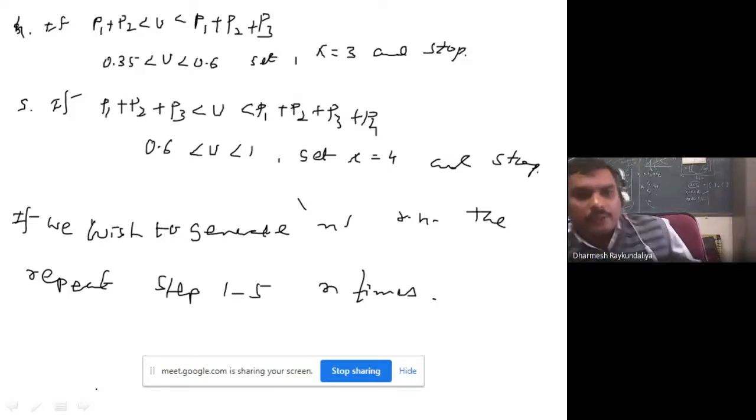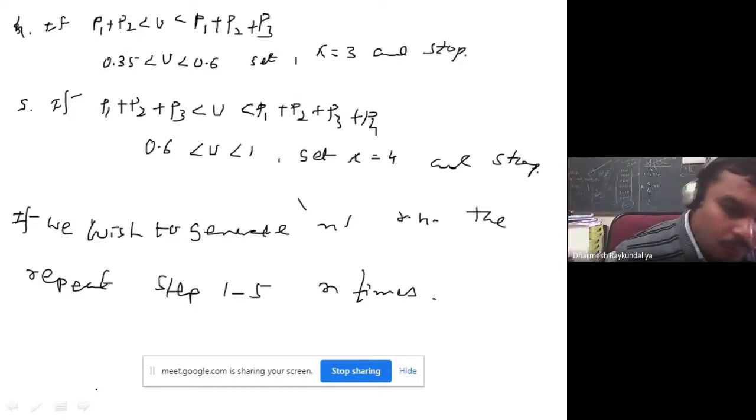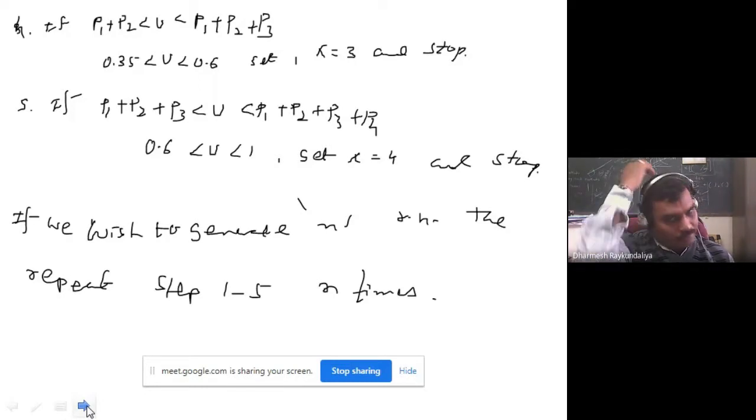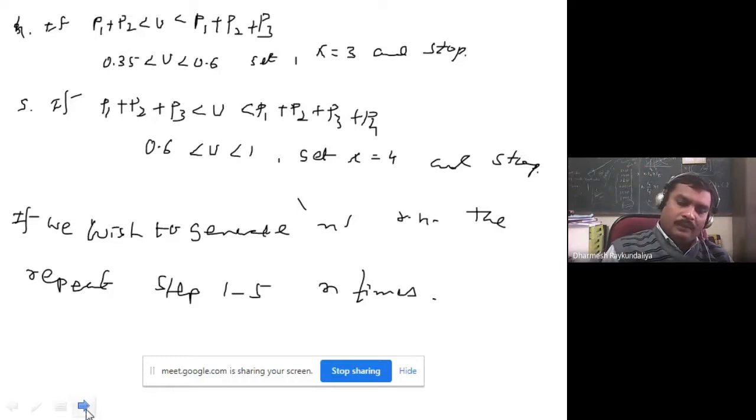These are the steps of Monte Carlo simulation: you have the probabilities, calculate the cumulative probabilities, and based on these calculate the random numbers from a discrete PMF.